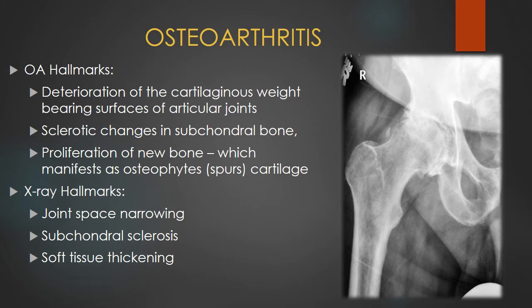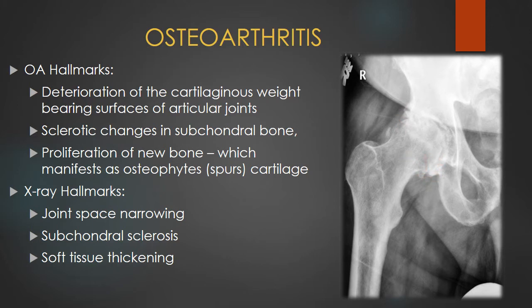We see sclerotic changes in the subchondral bone, and I think you can see some sclerotic changes here in the subchondral bone of the acetabulum. We see the proliferation of new bone, which manifests itself as spurs and osteophytes, and we see some osteophytic development here at the superior margin and the inferior margin here of the acetabulum.